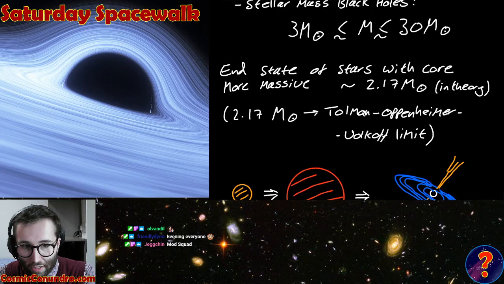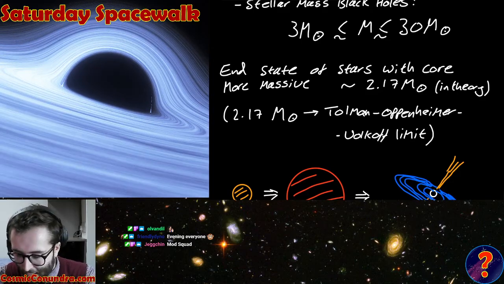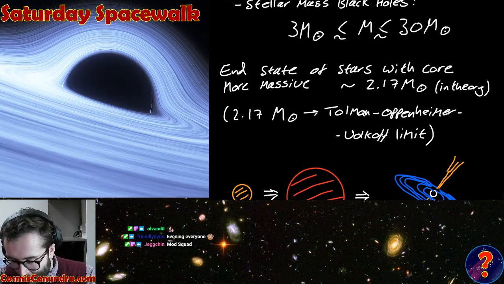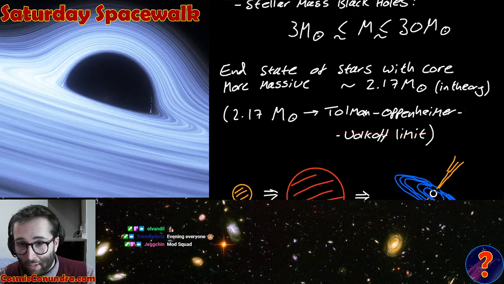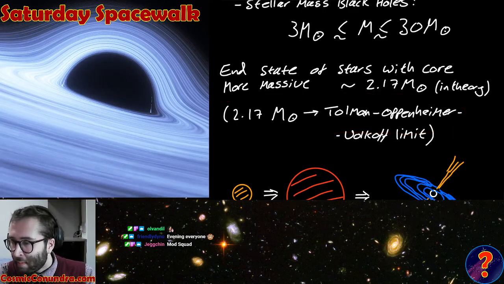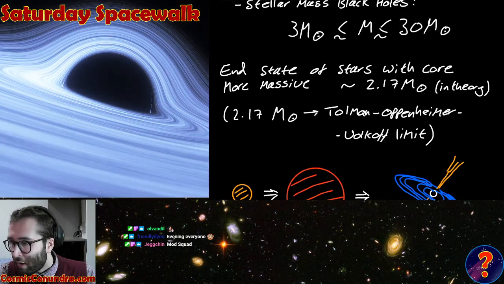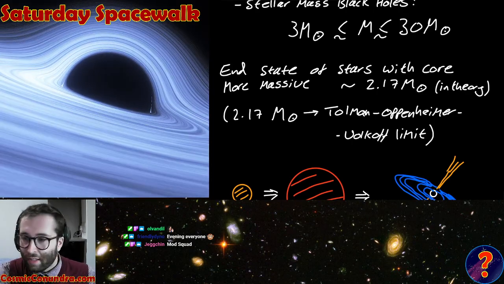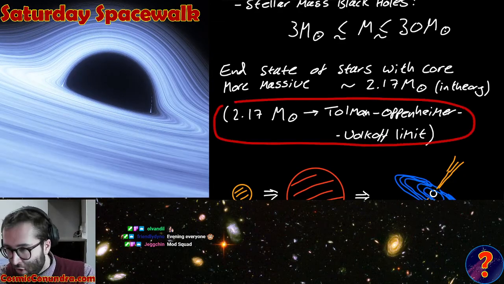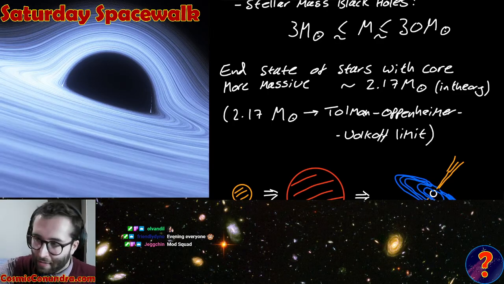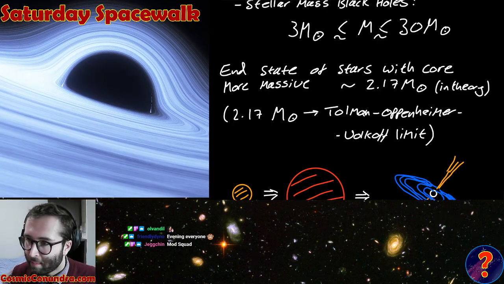There's also a lot more uncertainty on it because calculating it is nowhere near as straightforward as calculating the Chandrasekhar mass. It's thought that neutron stars more massive than this would be unable to support themselves and would collapse. So we would expect that black holes formed from the collapse of stars would have masses of a minimum of 2.17 or a little higher, depending on where you take this bound for the Tolman-Oppenheimer-Volkoff limit to be.